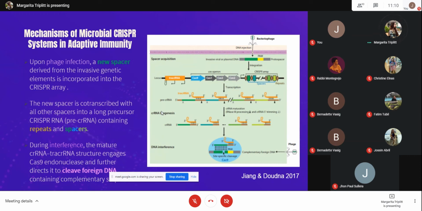Now, first is acquisition. Acquisition is where the bacteria acquires the genetic material of the virus or the bacteriophage into its genome.